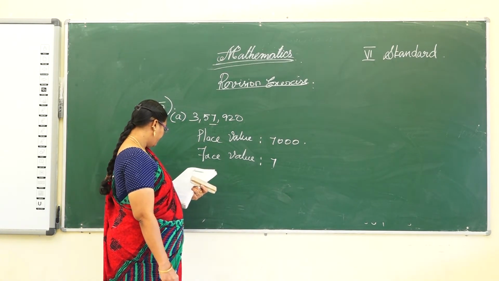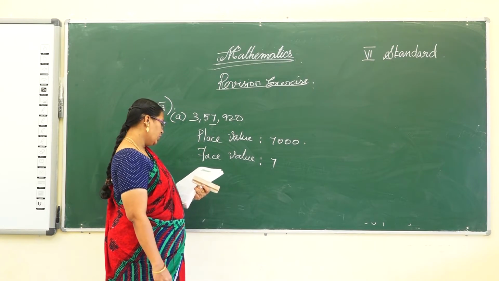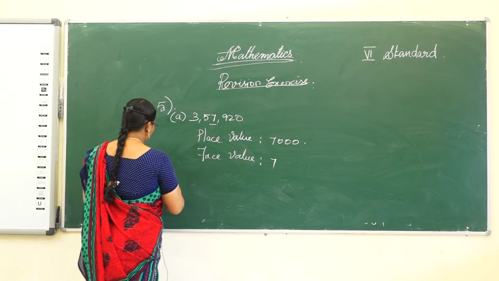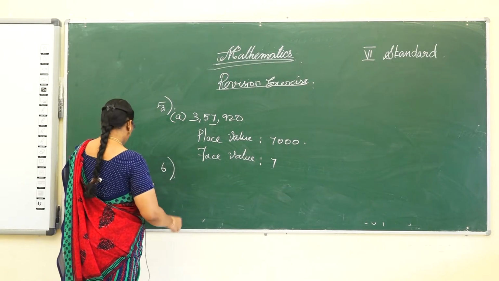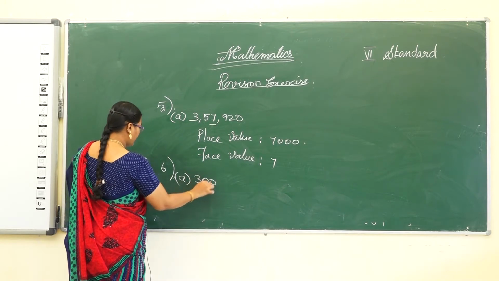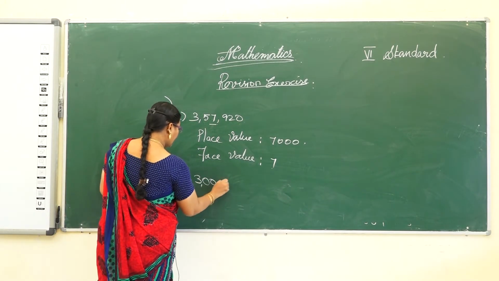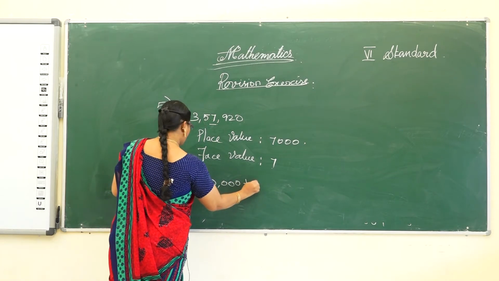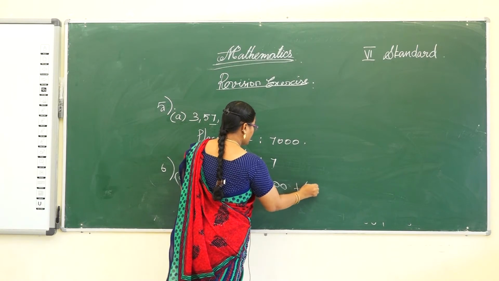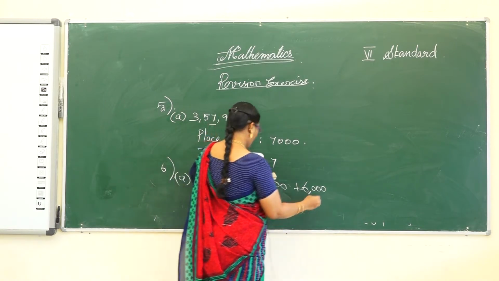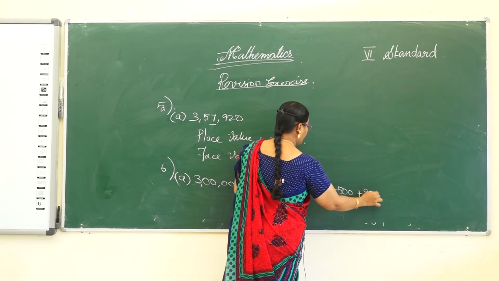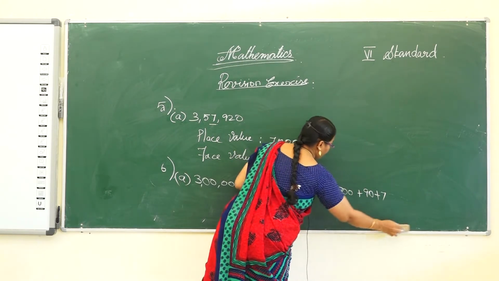And next one: write the standard numerical form for the following numbers. Sixth one. So how do you write the standard form? Here expanded form is given. First one is 3,20,000 plus 6,000 plus 500 plus 90 plus 7.